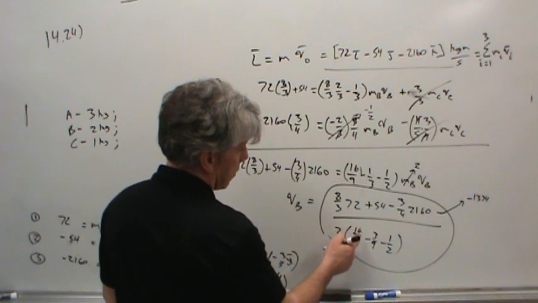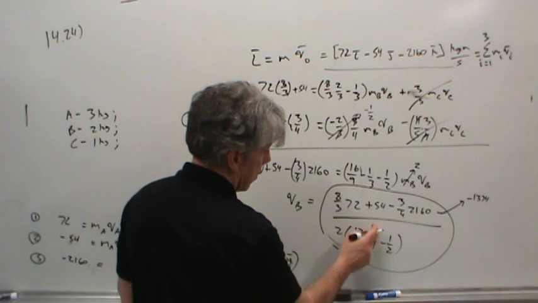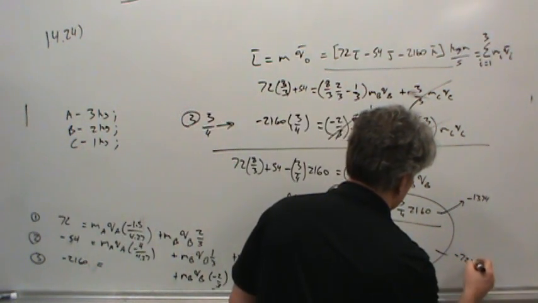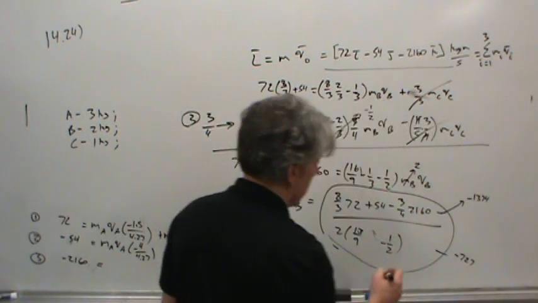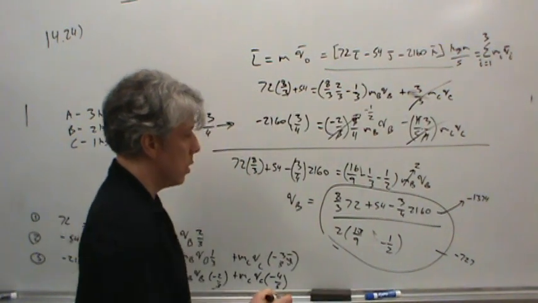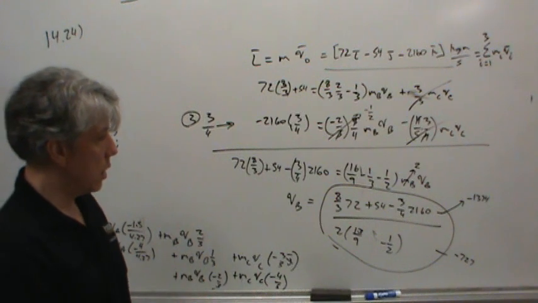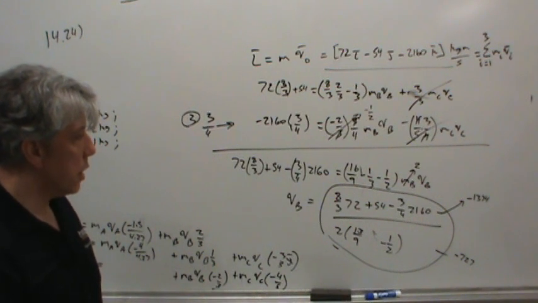I think everything is negative 727.4. Negative 727. That's what the whole last answer is. I didn't calculate the bottom. That's what the final answer is for the velocity of B. Negative 727.4. It should not come out negative.